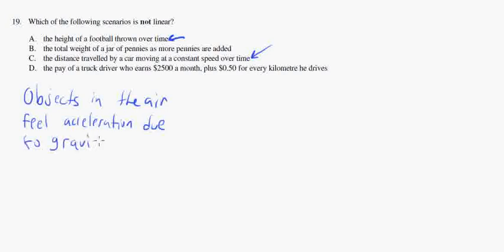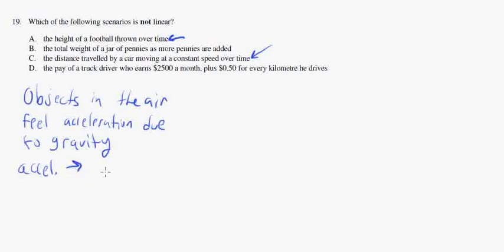Okay. And what an acceleration is, an acceleration is a change in speed, or a change in velocity. And a velocity is a rate. So if an object experiences a change in a rate, so let's write that down.